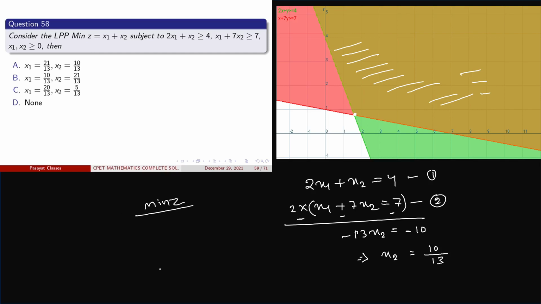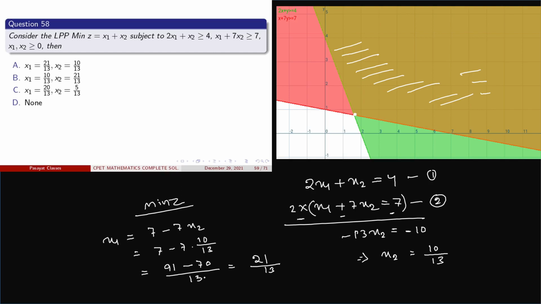Now come to x1. So x1 is equal to 7 minus 7x2. So this is 7 minus 7 into 10 by 13, which is 91 minus 70 divided by 13. This is equal to 21 divided by 13.